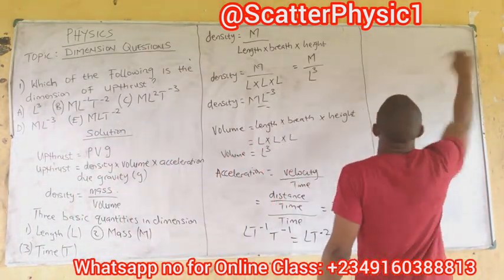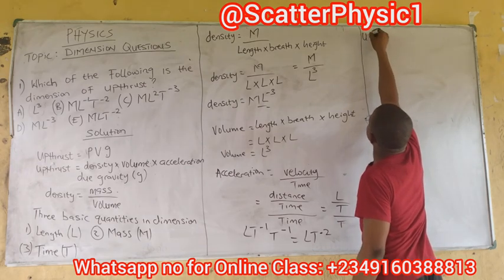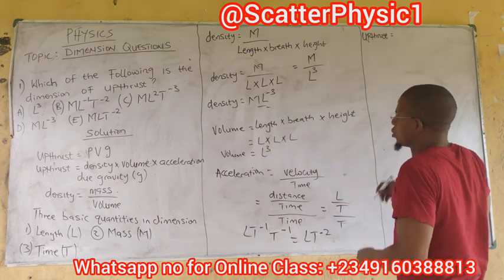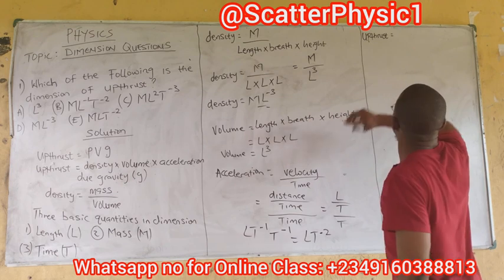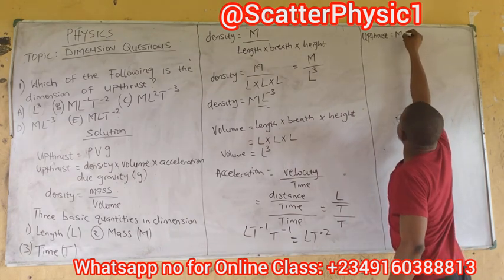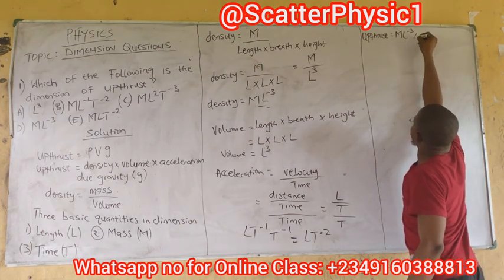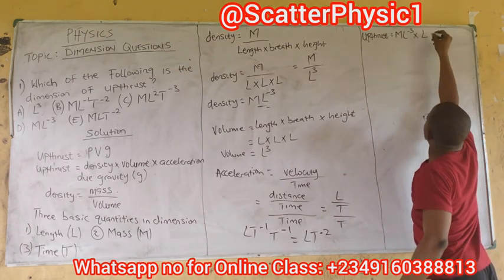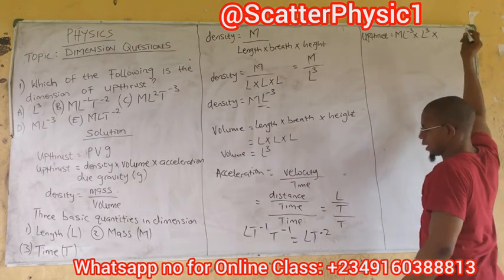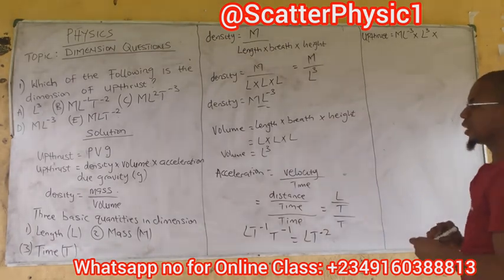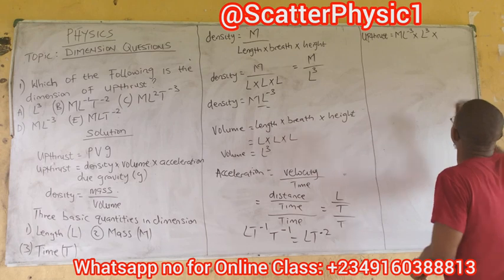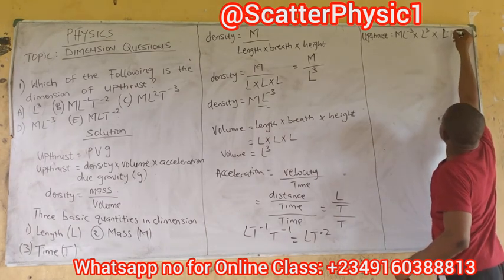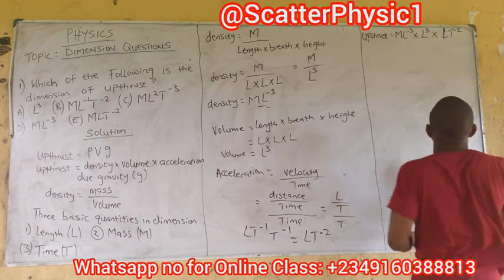With this that we have now, we get our upthrust. Our density is M L to the power minus 3, times our volume, which is L raised to the power 3, and then our acceleration, which is L T raised to the power minus 2.